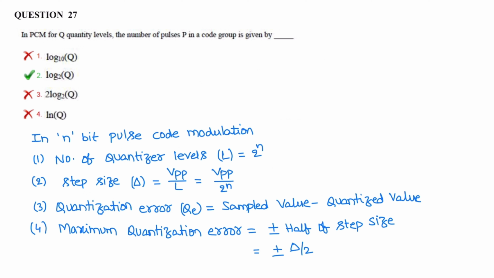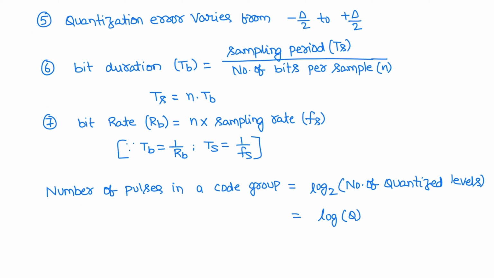Next question. In PCM for Q quantization levels, the number of pulses in the code group is given by. So for n bit pulse code modulation, the number of quantizer levels L is equal to 2 power n, step size delta is peak to peak voltage by 2 power n. Quantization error is sampled value minus quantized value, maximum quantization error is plus half of step size or minus half of step size, and quantization error varies from minus delta by 2 to plus delta by 2.